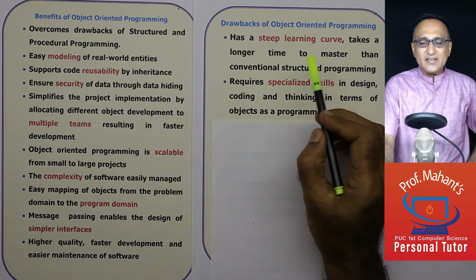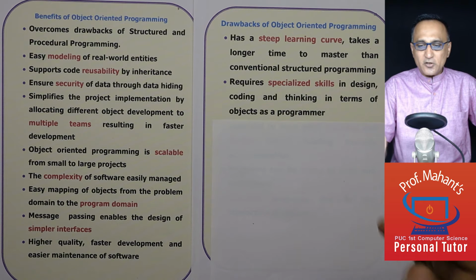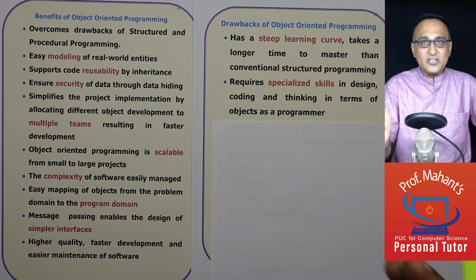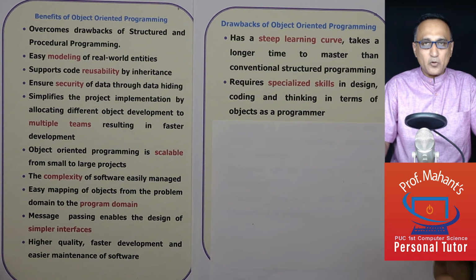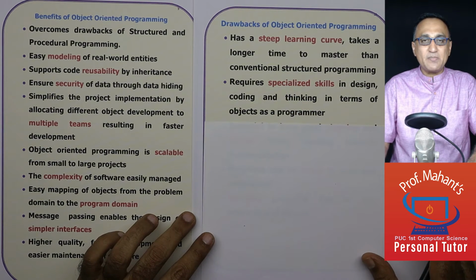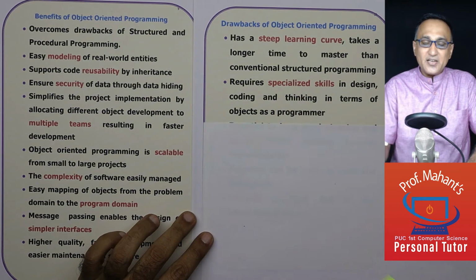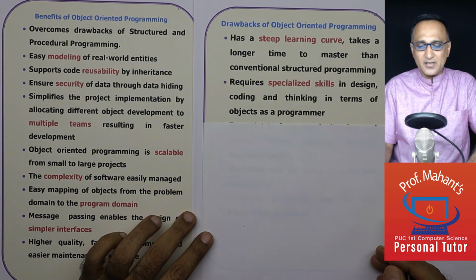Thereby, the learning tends to be a little steep, because not only do you need to learn the programming logic, you also need to understand the terminologies like data hiding, polymorphism, inheritance, class, object, abstraction, and so on. So for a beginner, structured programming or conventional C programming is much easier, whereas learning object-oriented programming directly is a little more challenging.